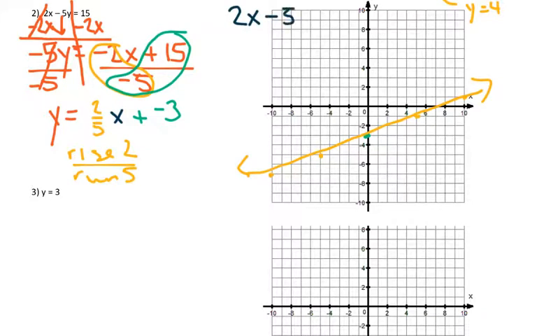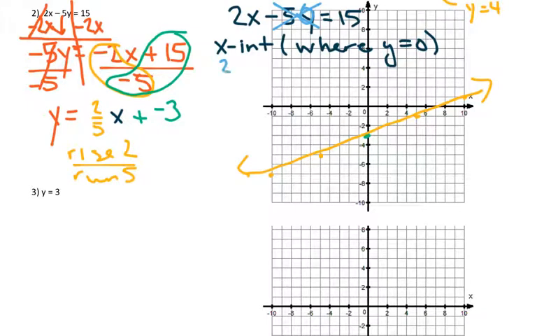2x minus 5y equals 15 was the original. So my x-intercept is again where y equals 0. So if I find my x-intercept, I'm going to plug 0 in for y. Negative 5 times 0 is 0, so that goes away.